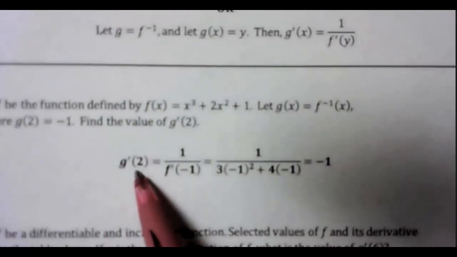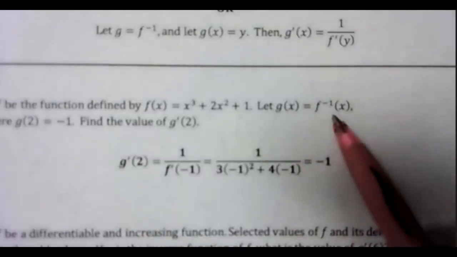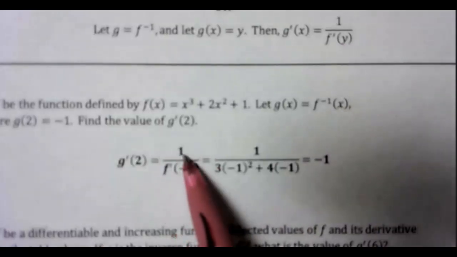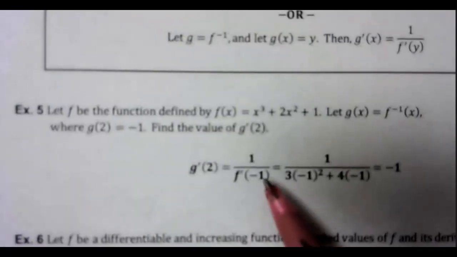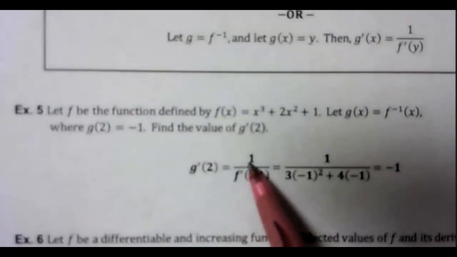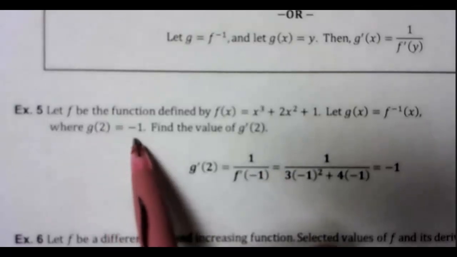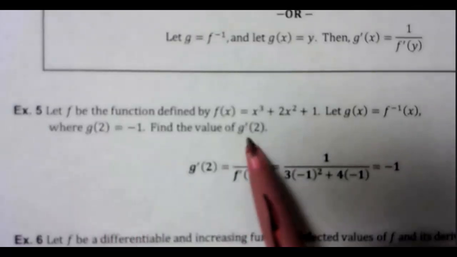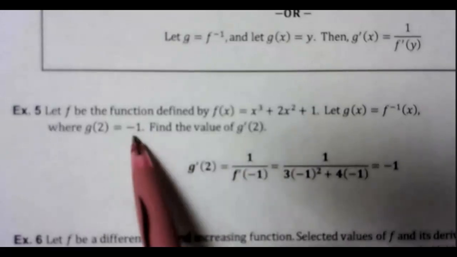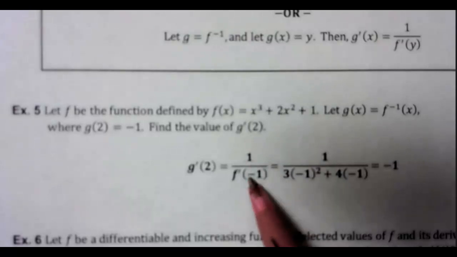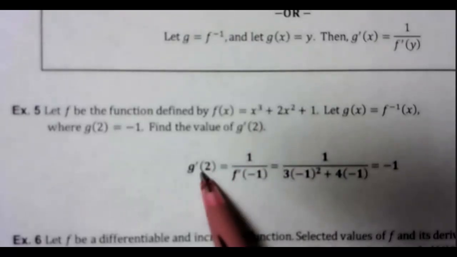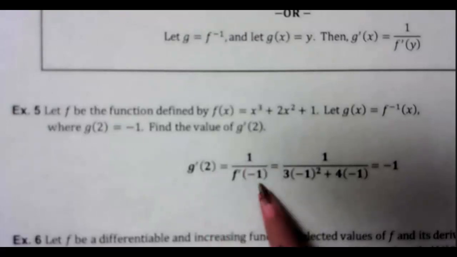So finding g prime of 2 when g is f inverse is really like finding 1 over f prime of negative 1. So it's like finding the derivative of the y value of the inverse. So you take the y value of the original, and that's how you find the inverse of that. So if this is point P, then this is your Q.